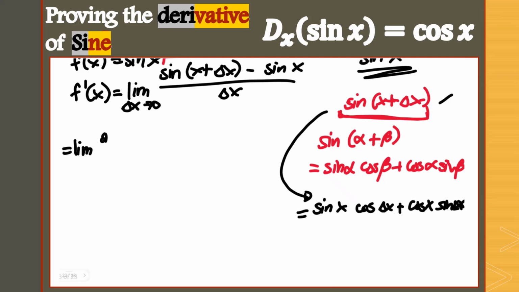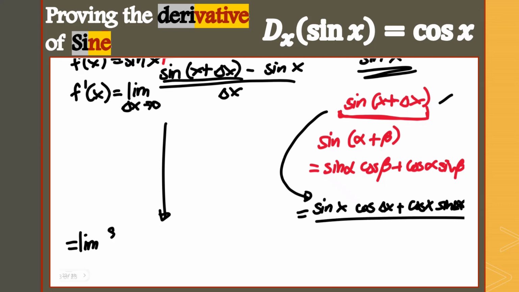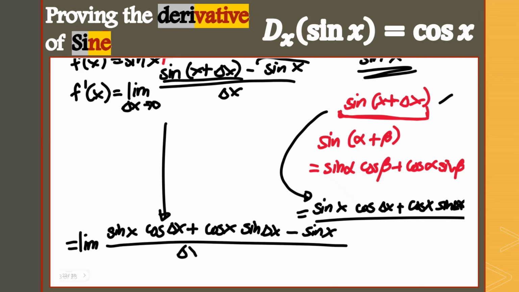So the limit of this equivalence is: sine x cosine delta x plus cosine x sine delta x, then minus the remaining function sine x, all over delta x.